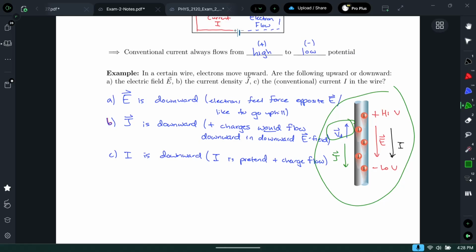And all of the others are as if the charge were positive and it were moving the other way. So the electric field is in the direction positive charge would feel a force in this wire. The current density is in the direction positive charge would flow if it were in the wire because of that electric field. And then current is the sum total of all those little current densities. You add all of them up, and so it also points in the direction positive charge would flow.